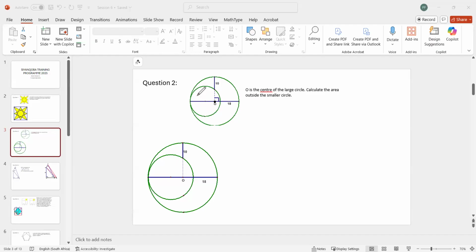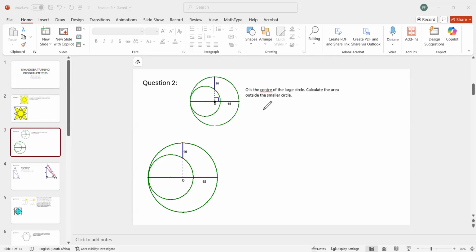The only things given are that this small piece here is 18, and this small piece is 10. Those are the only things given. Interesting. So how do you find the area of this moon-shaped area?